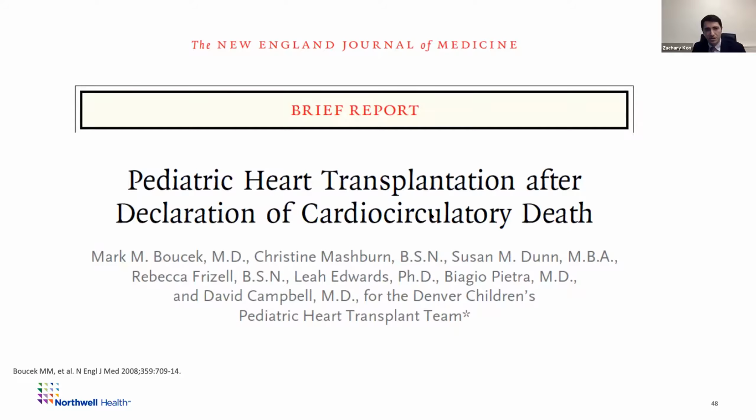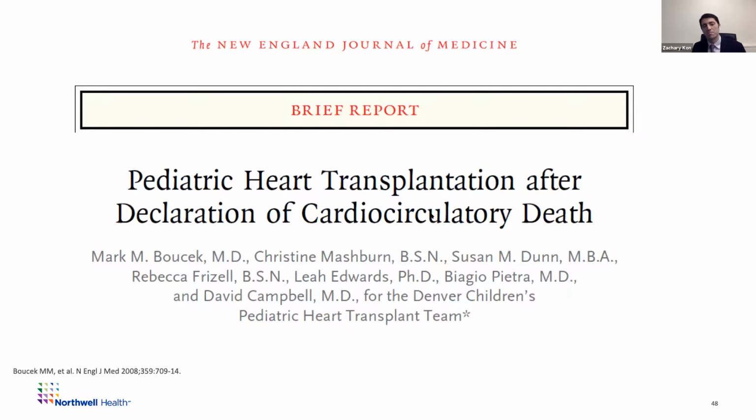Many of you probably have read this article defining pediatric heart transplantation in Colorado. This, I think, was a good example of where clinical care outpaced logistics and ethical concerns. And while I think today these concerns have been answered, and I'm happy to discuss in more detail in the Q&A section how we came to the conclusion that we were ethically justifiable and in fact obligated to pursue this donor cohort, I think this was done in a way that allowed a lot of public doubt and frankly probably set us back about 10 years in regards to DCD donations.